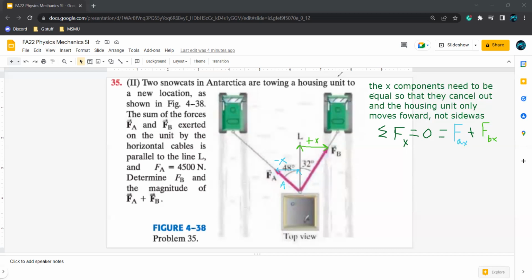I'll just do them all in one color. We're gonna move this one over to the 0 side and give us negative f a of x equal to f b of x.